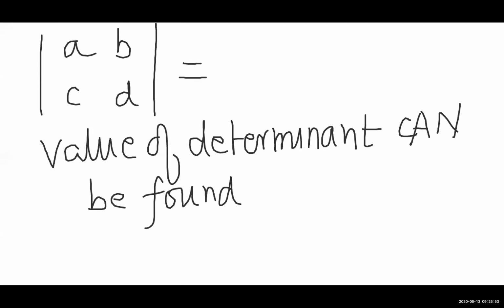We just need to worry about the fact that we have a collection of objects arranged in rows and columns enclosed by straight vertical lines. Then there is a mathematical operation that we can carry out, which we are learning. So what we do is we go to the top left element. Okay, that is always the key of the determinant. Top left element, and then you cross multiply and you write the value down.